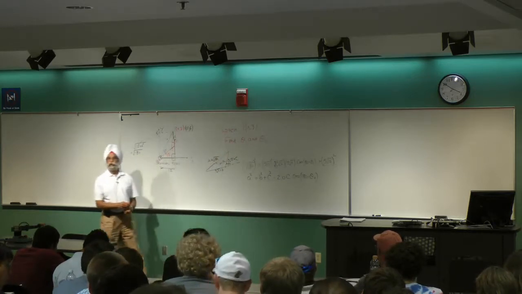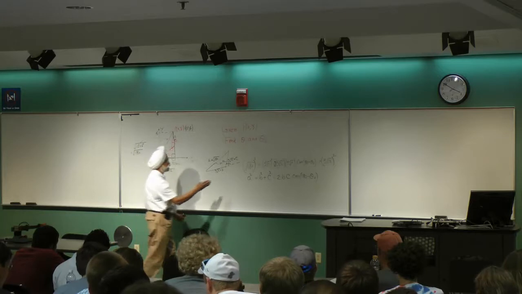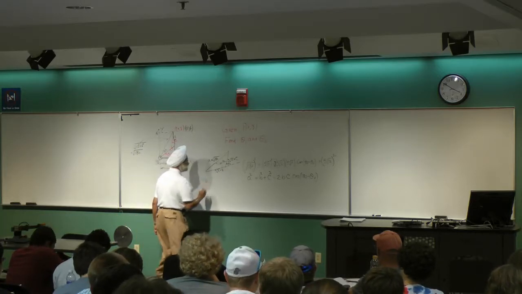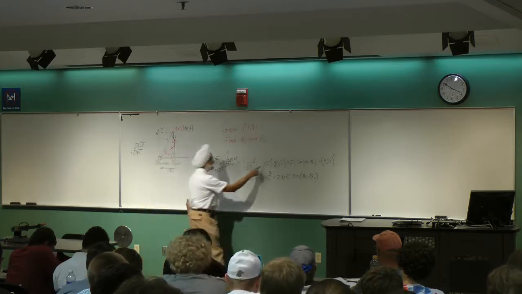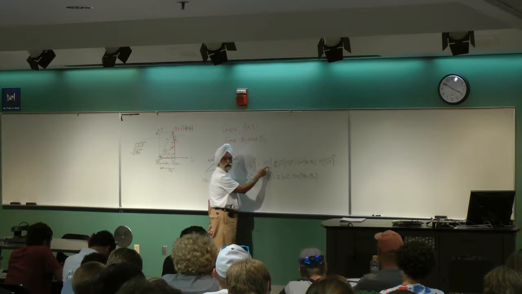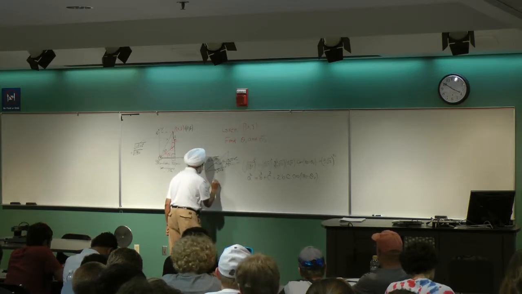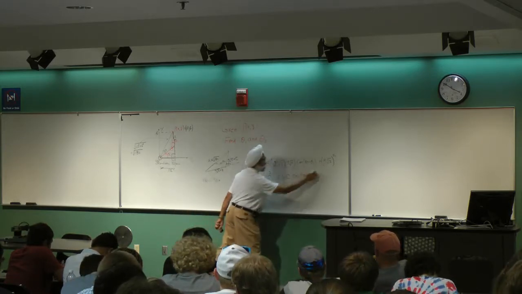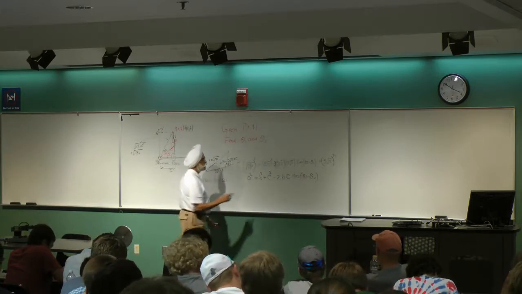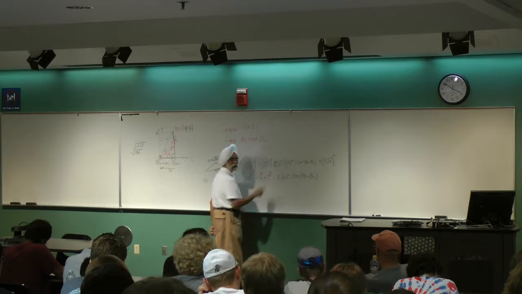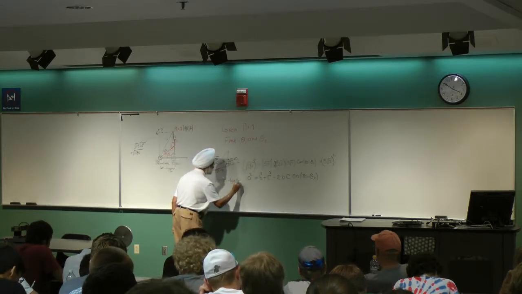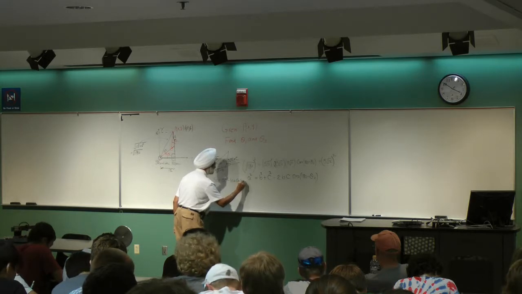All right, let's simplify what you have here. 180 equals 25 times 2, which is 50, plus the other 50, and then 50 times 2 is 100, cosine of 180 minus theta 2.